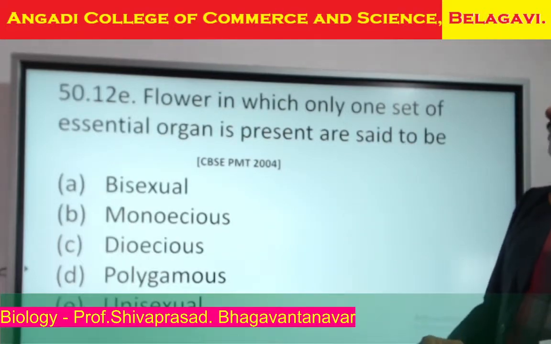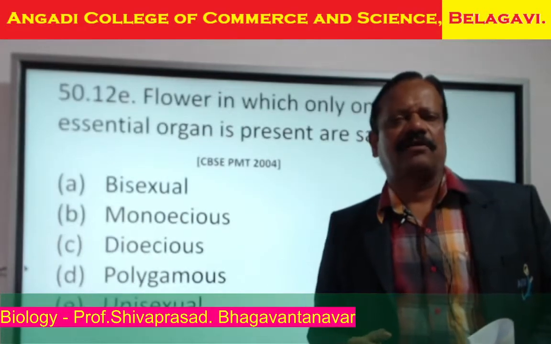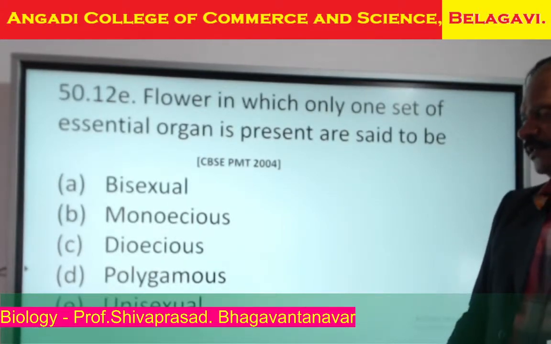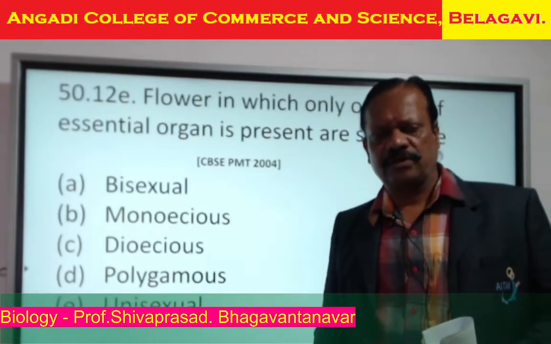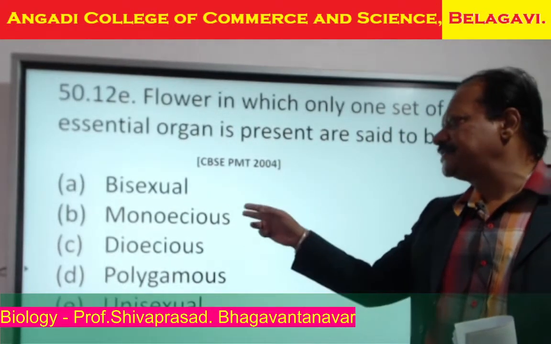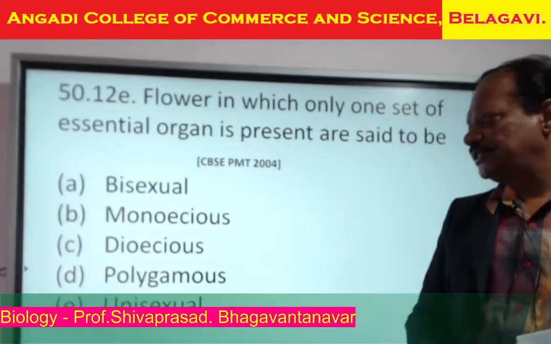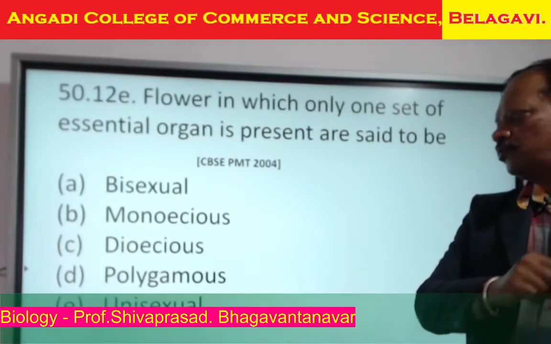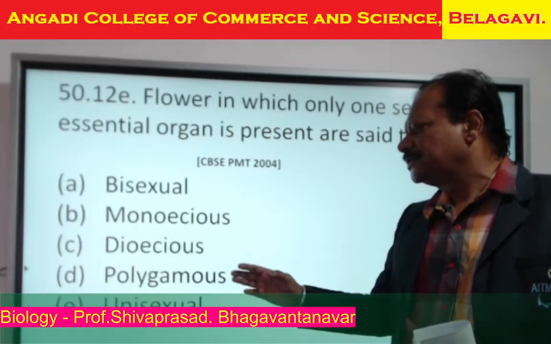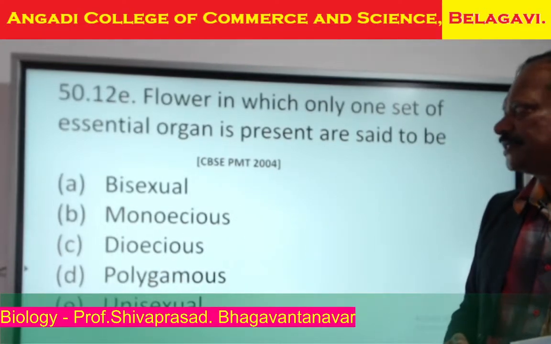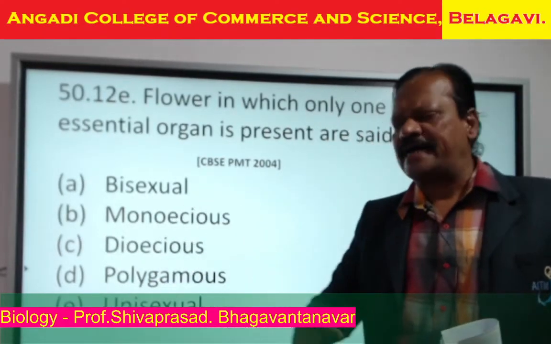Now see here, bisexual, already you people are knowing androecium and gynoecium both are present in one flower. Then you are calling it as bisexual. Monoecious, here it is also showing a bisexual condition. Dioecious, it is showing a unisexual condition. So here out of these 5 options, option E is the right answer.